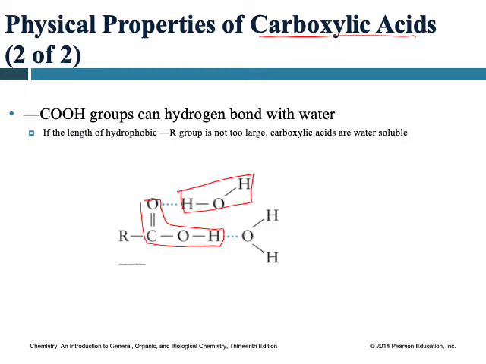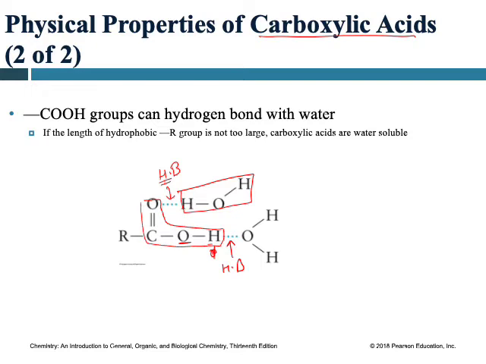The carbonyl group of the carboxylic acid is going to form a hydrogen bond with the hydrogen of the water. Similarly, the second one over here, the hydrogen of the carboxylic acid that is attached to the oxygen is going to bond with the oxygen of the water molecule.